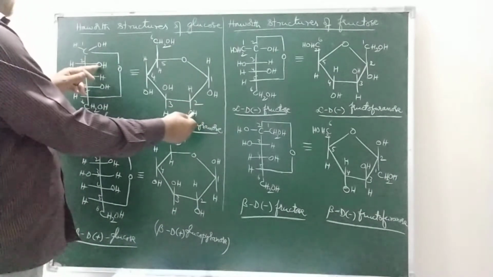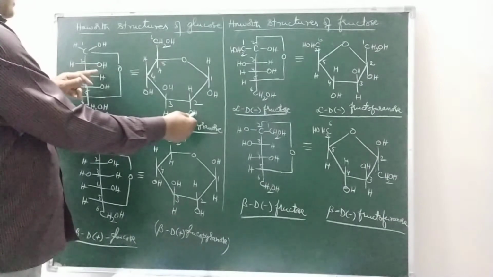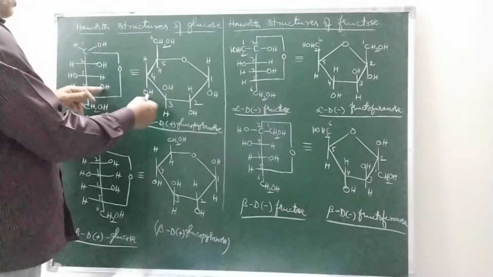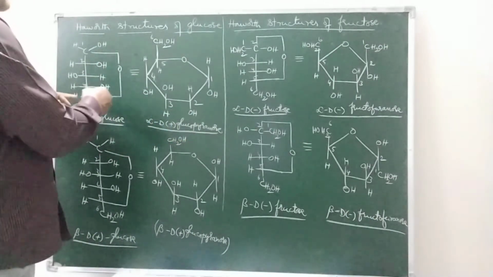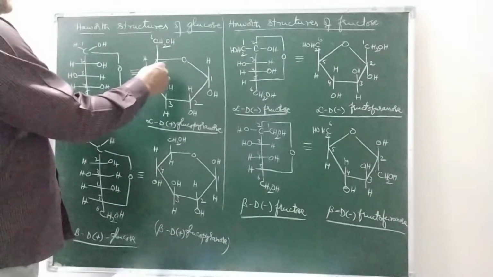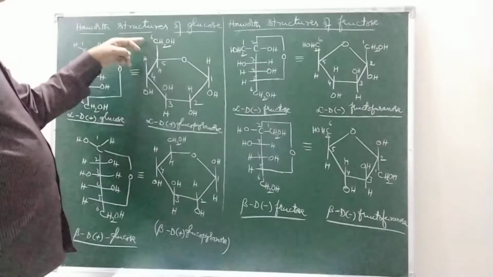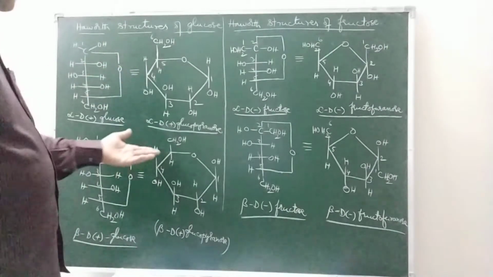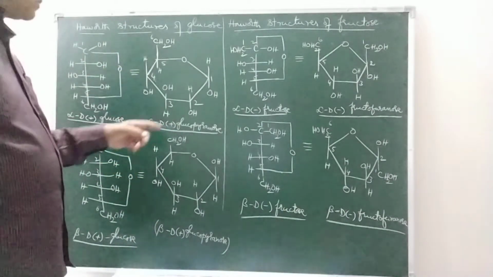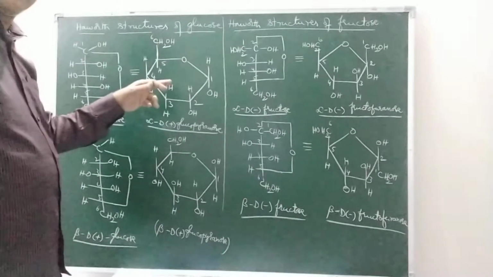Similarly, the second carbon OH group is at the bottom, hydrogen and OH. Of course, in these two, hydrogen should be kept at the bottom and the other group is kept at the upper side, right? So this is alpha D plus glucopyranose because it has a pyranose structure.